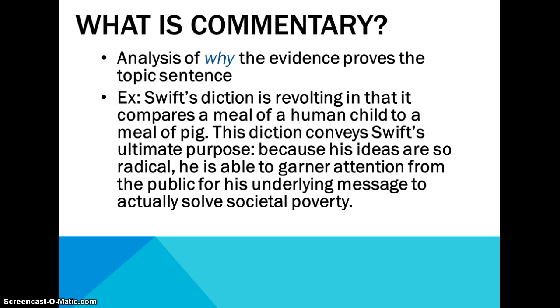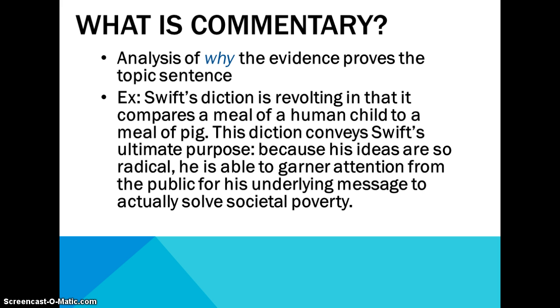All right, so we're going to look at an example of, again, with the Jonathan Swift example, commentary. So this commentary says, Swift's diction is revolting in that it compares a meal of a human child to a meal of pig. This diction conveys Swift's ultimate purpose. Because his ideas are so radical, he is able to garner attention from the public for his underlying message to actually solve societal poverty. So notice a couple things here, guys.